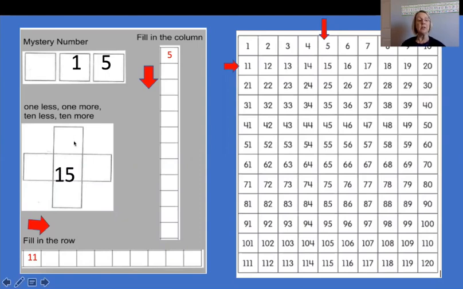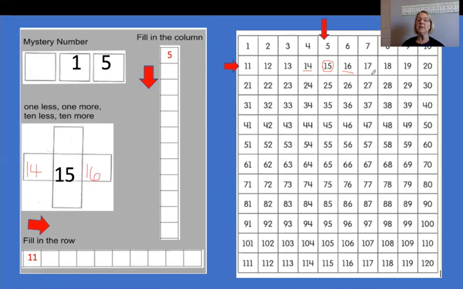The first thing is I'm going to find 1 less than 15, and 1 less than 15 will be 14. And that is right here. Here's our number 15. 1 more than 15 is, yes, 16, and I will write 16 right here.